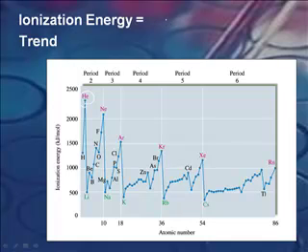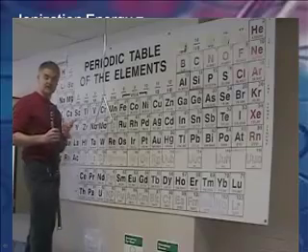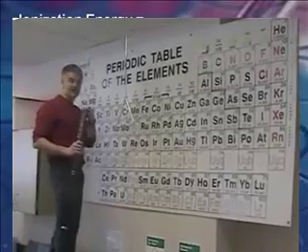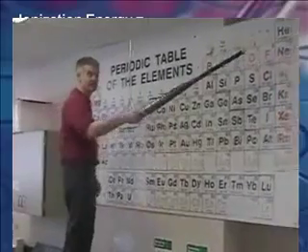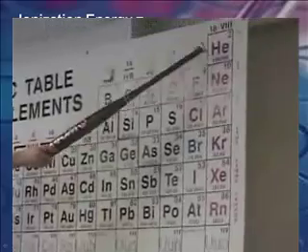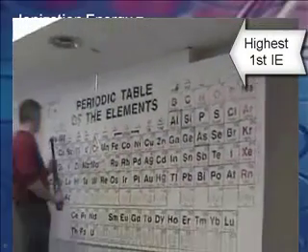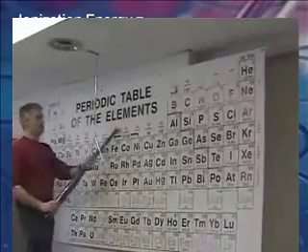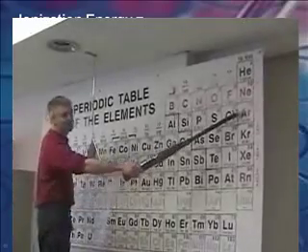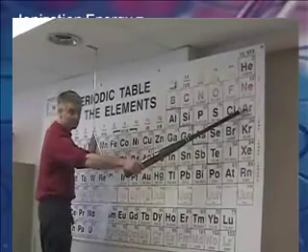Folks, I'm in front of the periodic table, of course, and I'm talking about ionization energy trends. The element with the highest ionization energy of all elements is helium, first ionization energy. And as you go across the periodic table, if I take the third row here, sodium, aluminum, silicon, argon, argon would have the highest ionization energy in a particular row.